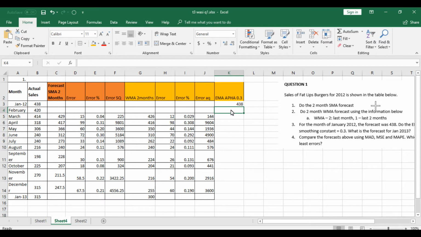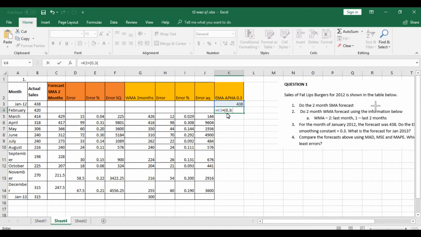So the formula for exponential moving average is: new forecast is equal to last period forecast plus alpha times the last period actual demand minus last period forecast. So we are going to do equal to last period forecast plus, now you guys see that I am putting a bracket 0.3, which is alpha, again bracket, open bracket.